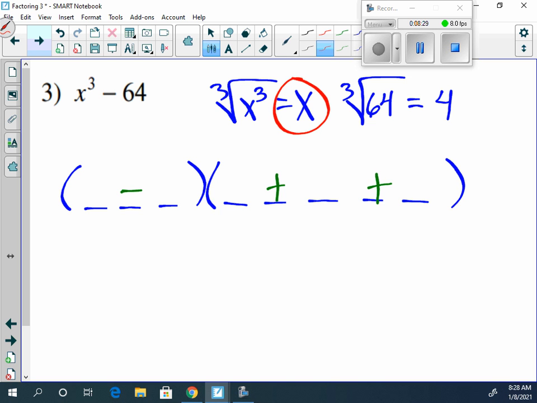Now we're going to fill in. I'm going to fill in with the first term. So the A term in this case would be just x. So here we would have x. This here would be x squared. Then we'd have x to the first. And lastly, we would have x to the 0, which is just 1, so we don't really write that in.